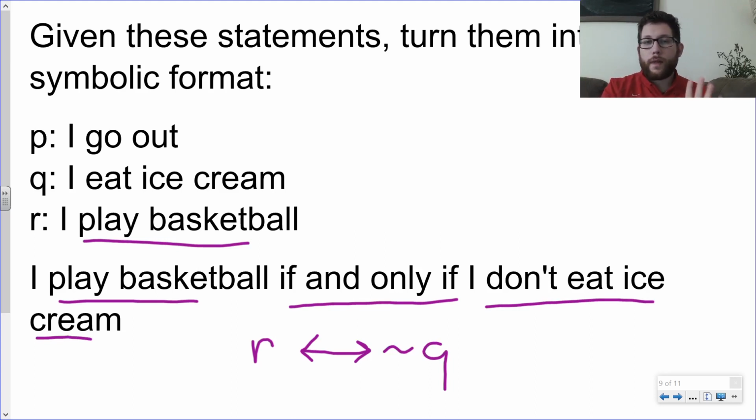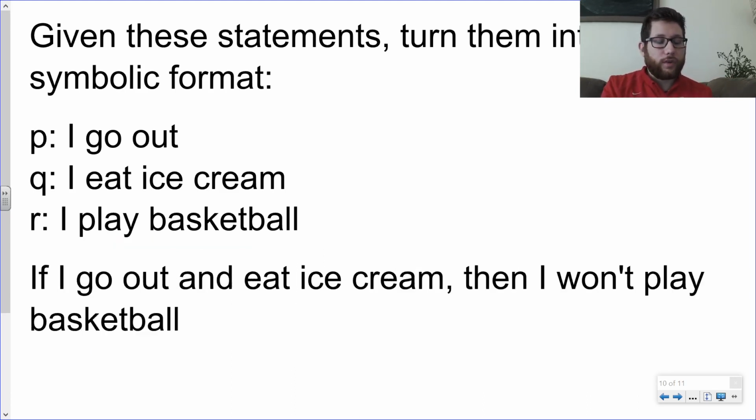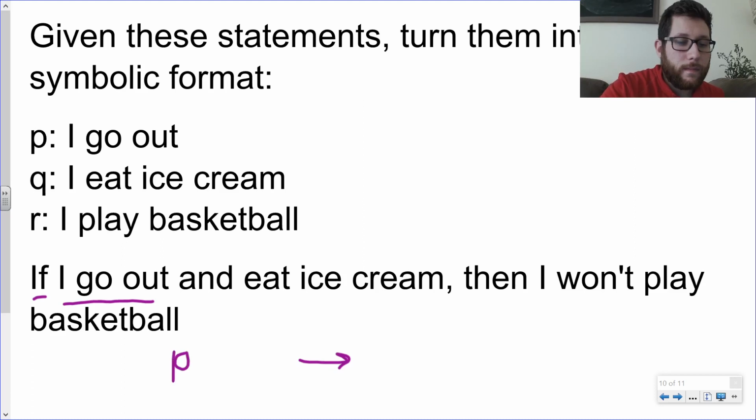All right, let's look at one last one. Now, this one's going to be the tough one, okay? So don't freak out about it. We're just going to walk our way through it, and you'll see that maybe it's not that bad, even the difficult ones. So look, I've got my if. So let's start off with my arrow. So everything on the left side of the then will be on the left side of the arrow. Everything on the right side of the then is going to be on the right side of the arrow. All right, I go out is P. And it's going to give me my and statement here.